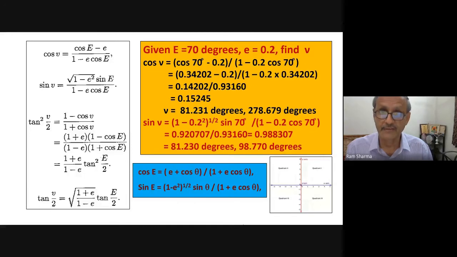And supposing sine is negative and cos is negative, then cos negative is in the second quadrant and third quadrant, and sine negative means third quadrant and fourth quadrant. So the value goes in the third quadrant. So the solution cannot be calculated by only knowing cos nu. We need to get the values of cos nu as well as sine nu. Then only we will get a unique value.